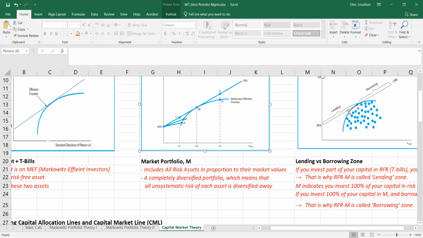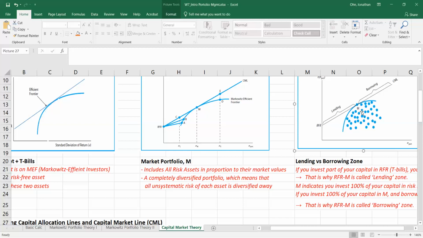And if 80% of your money is invested in the market portfolio and 20% in the risk-free asset, then it should be located here, about 80%. Now, the line between these two, RFR and M, is some combination of the risk-free asset and the market portfolio.